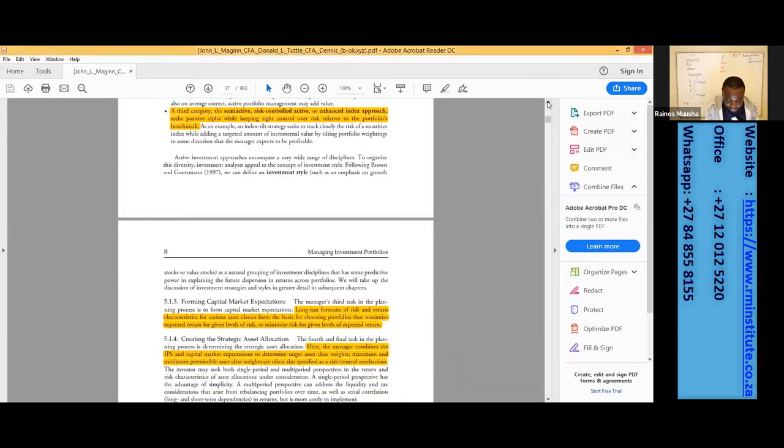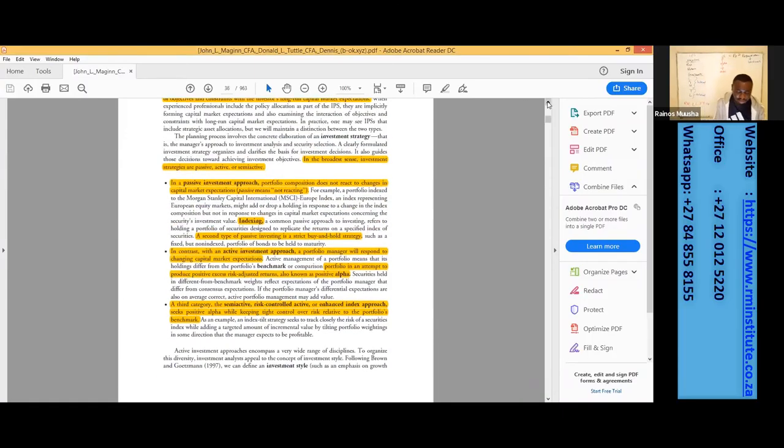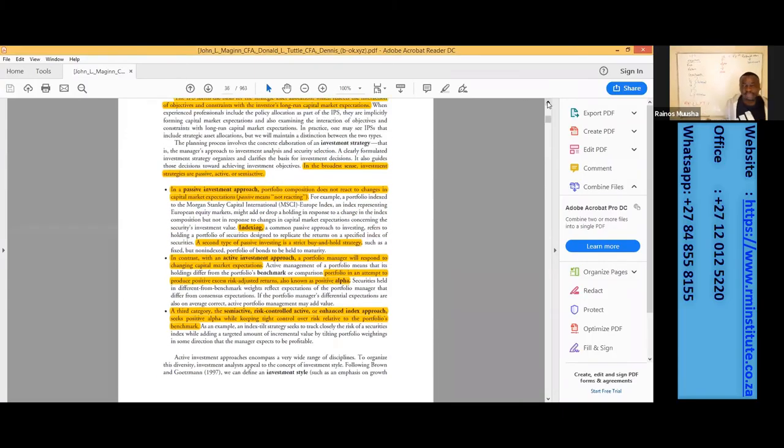So what it basically means is that with a semi-active approach, this is where the portfolio manager can say, okay, fine, of the total portfolio that we're going to be having, a certain percentage is going to be actively managed, and a certain percentage is going to be what? Passively managed. So you're having a combination of what? Actively managing the portfolio and passively managing the portfolio.